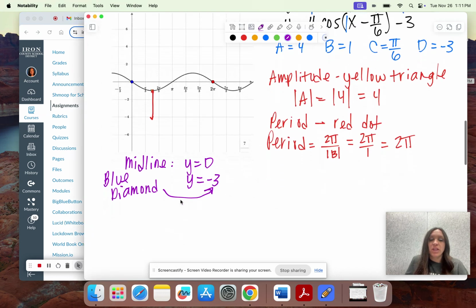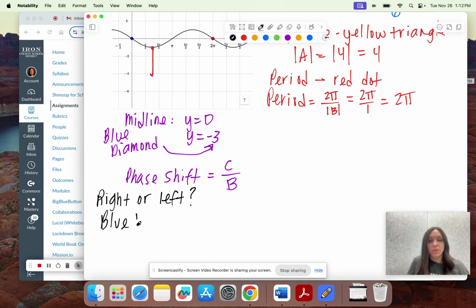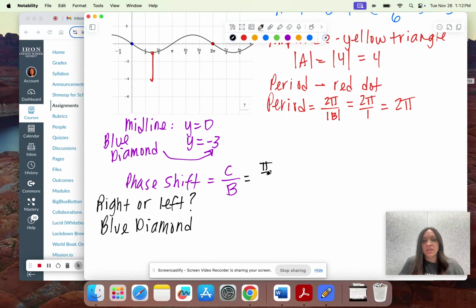And then one more thing is the phase shift. That equals c over b. And the phase shift is our right or left shift. Are we going right or left? And then we use the blue diamond to move that one. Okay, so let's plug in our values. C is pi 6th, and b is 1. Pi 6 over 1 is just pi 6.